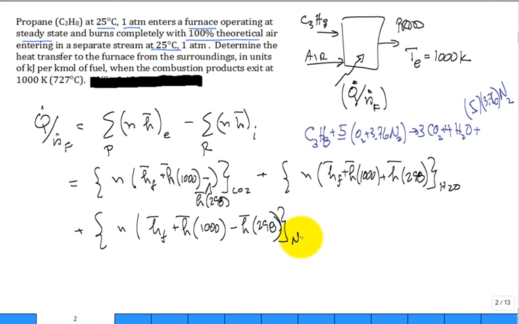This is for the nitrogen. So that's the sum over all the products. How about for the reactants? We'll have a minus the stoichiometric coefficient, the enthalpy of formation. I put the naught up there, forgot that. Plus the enthalpy, it comes in at 25 C or 298.